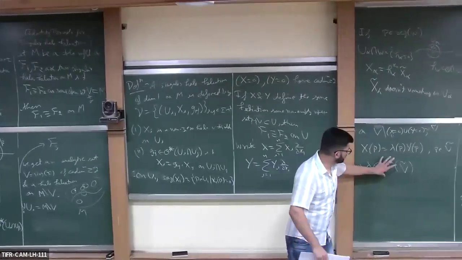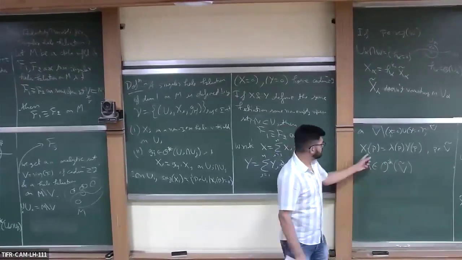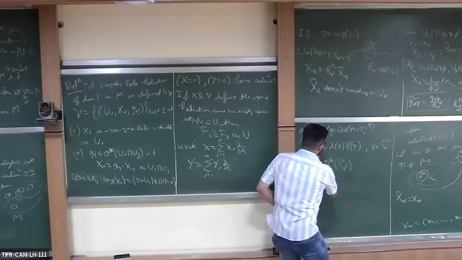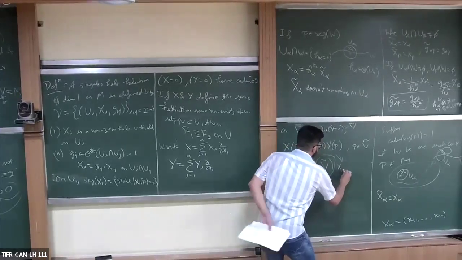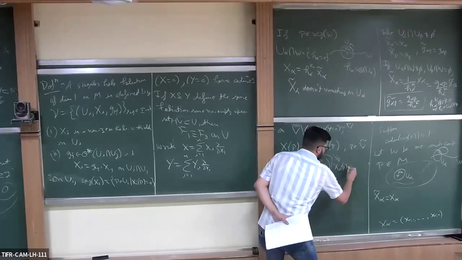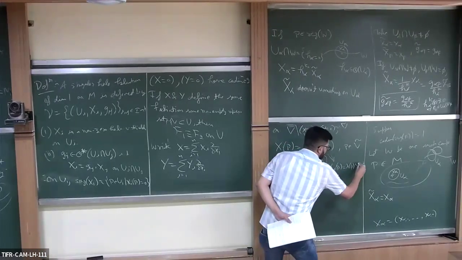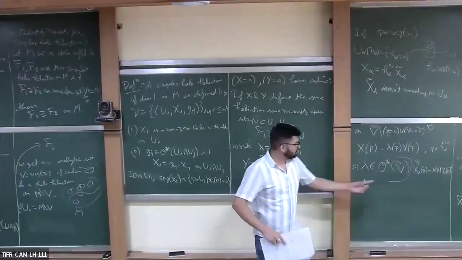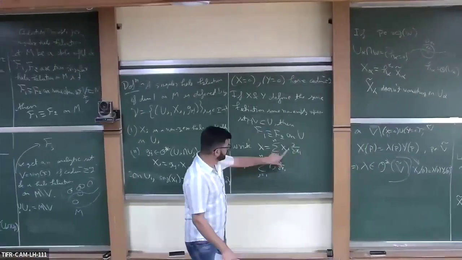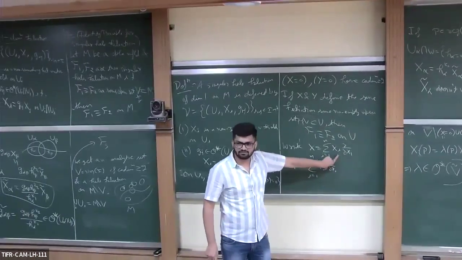From this we get this, because from this equation what we get is xi of p is the same as lambda of p times yi of p. Xi and yi are these functions.